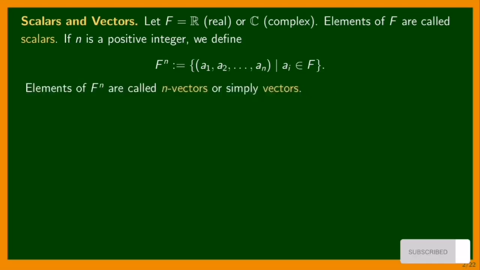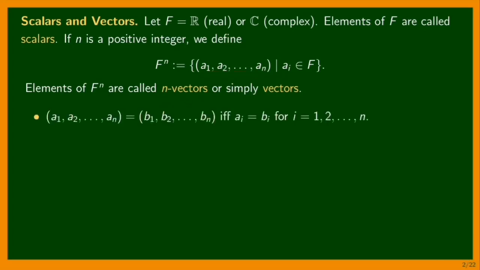In this case, the elements of the set Fn will be called vectors. Or if you want to emphasize the number of coordinates in a vector, we say that this is an n-vector. Take note that in our case, vectors are ordered n-tuples, meaning to say, the order of these elements matters.